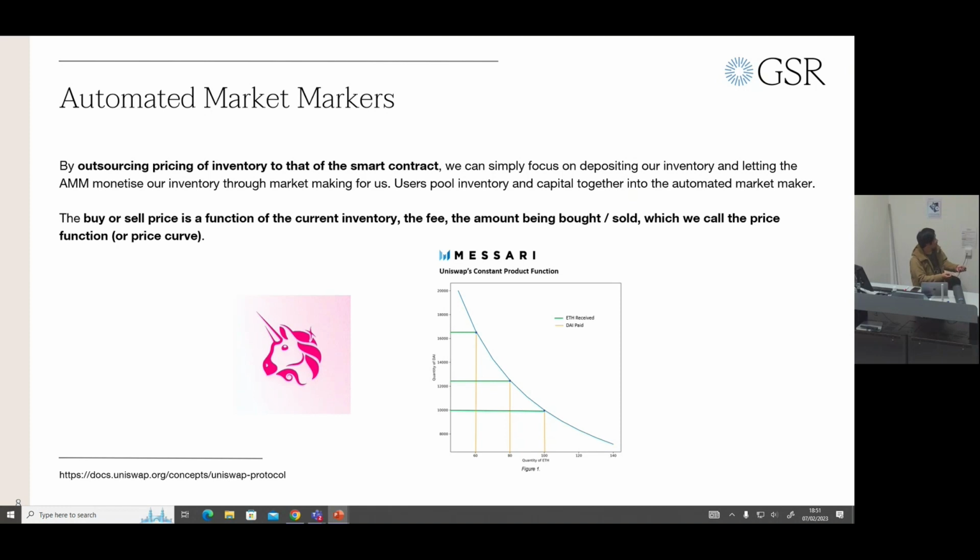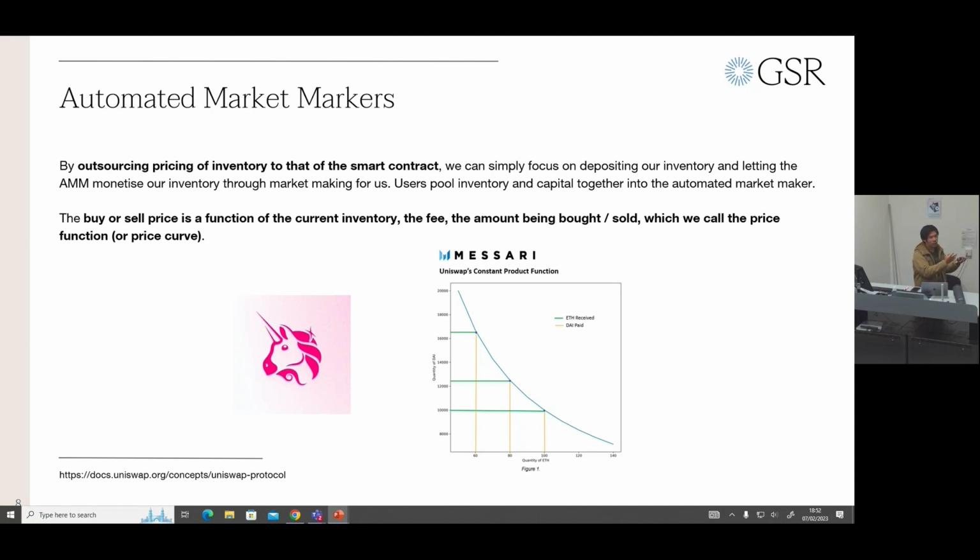We often call this a price function, but we also like to call it a price curve. A lot of protocols have considered markets as involving just two assets, so let's say ETH and USDC.